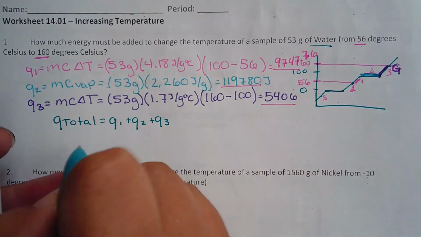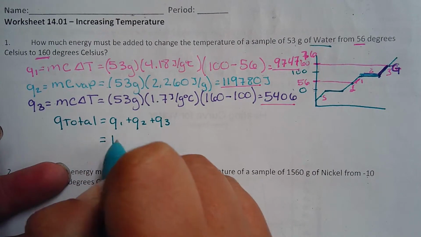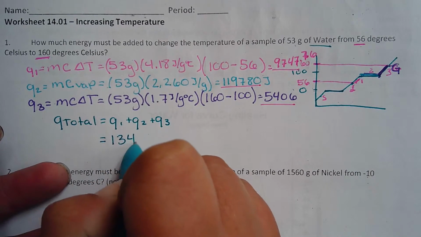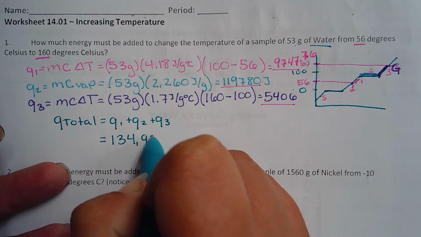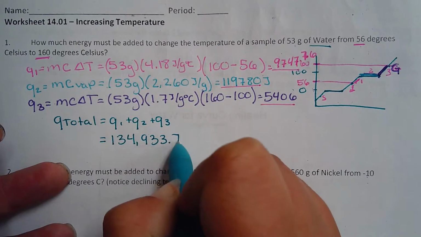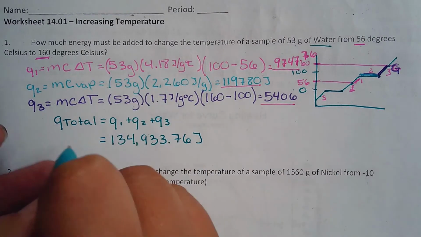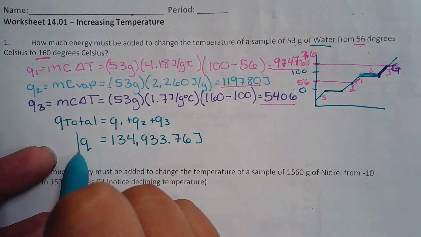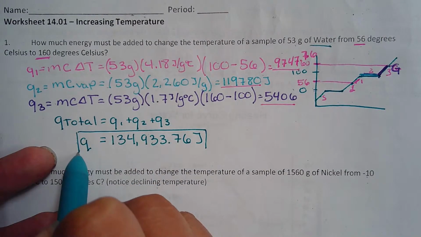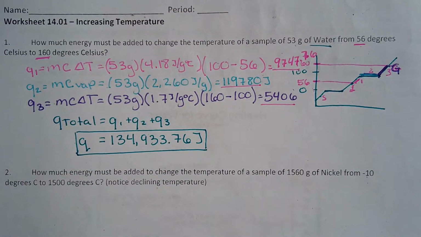We get a grand total of 134,933.76 joules. Okay, and you go through those same steps with every single problem.